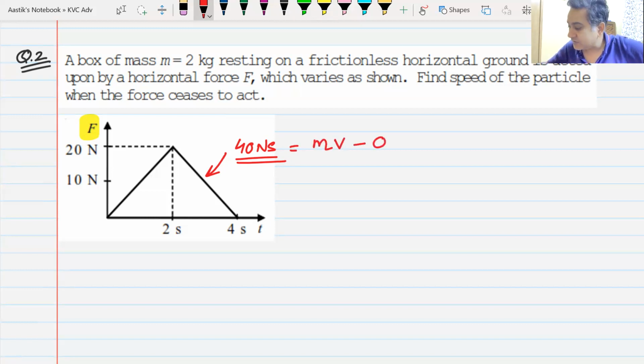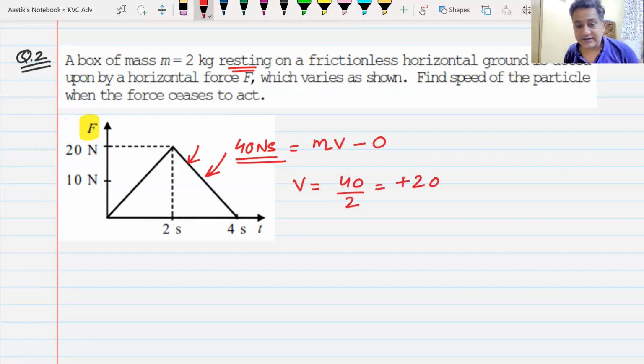Initial momentum, it was at rest, so initial momentum is 0. So the final velocity is 40 divided by 2. The answer is 20. You should call it plus 20 because everything is a vector here and plus indicates the direction. Do we understand this? Impulse momentum theorem, the mother theorem. Daughter theorem.